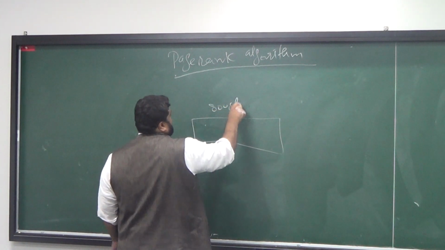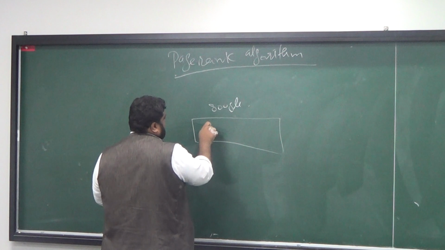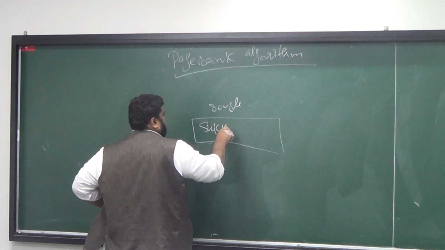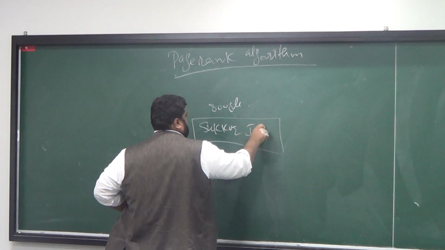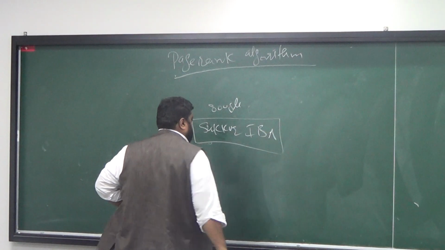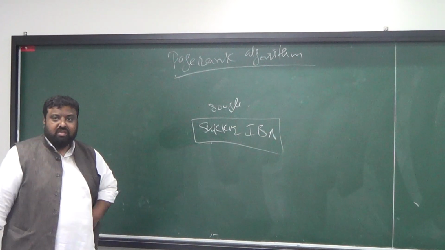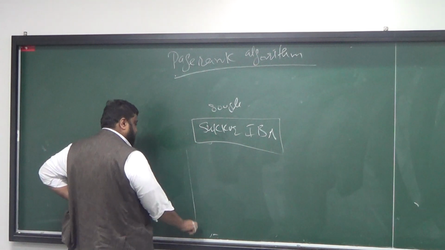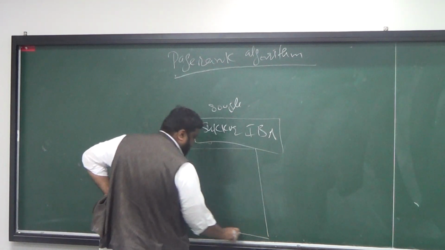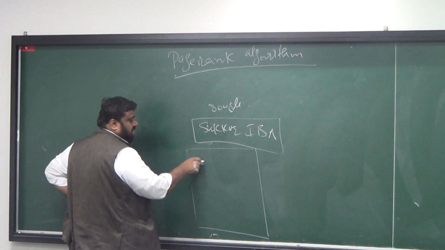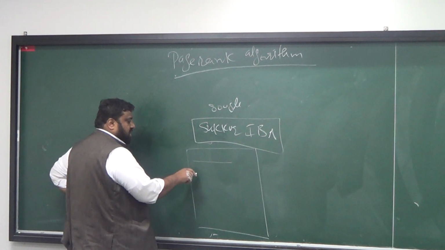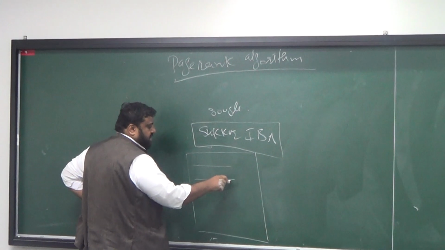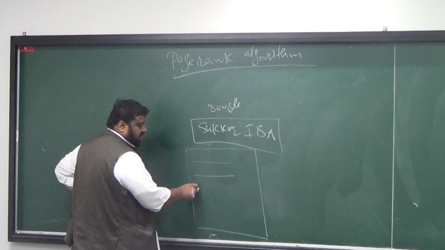that's your Google box, and you search something like Sukkur. In a fraction of a second, it presents you a lot of results: the Sukkur IBA website, maybe some other website that is relevant to Sukkur IBA, and so on.